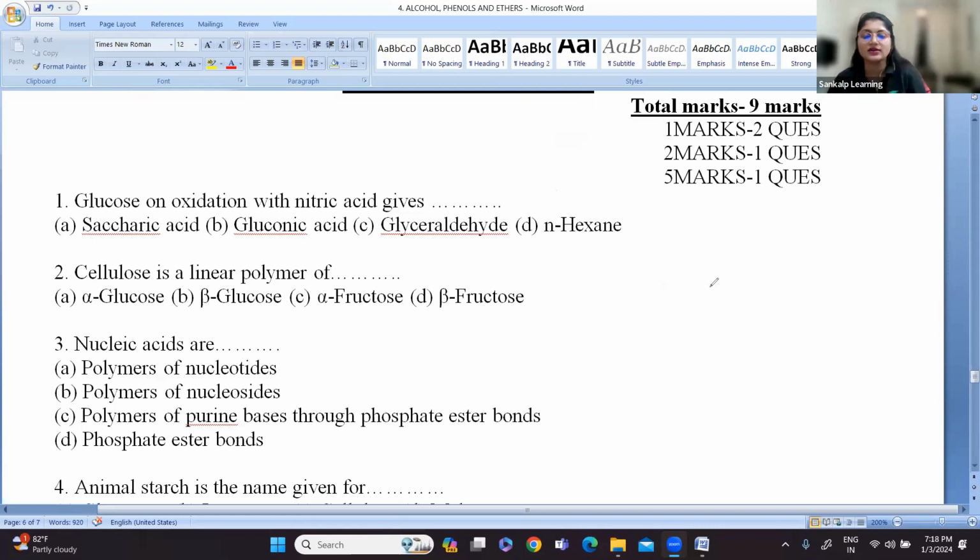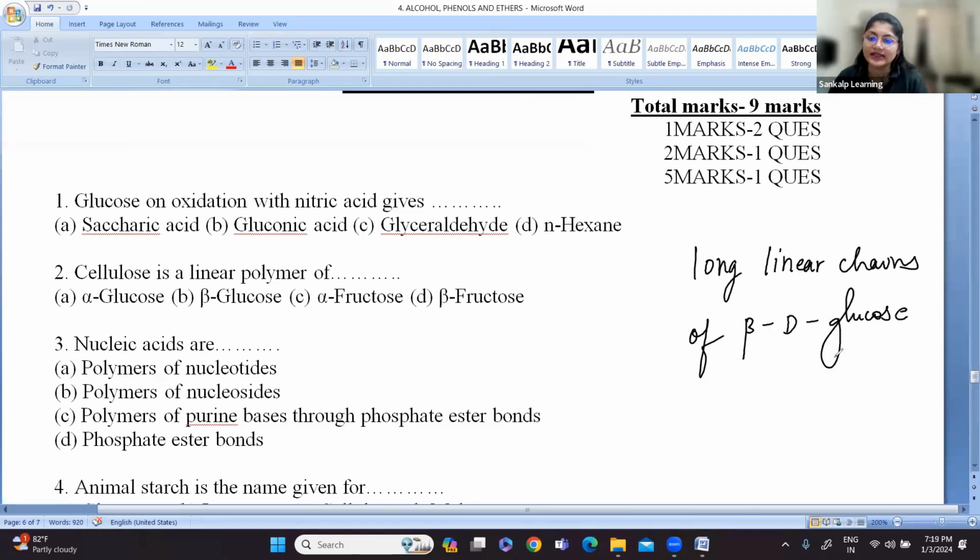So how is it formed? It is formed of long linear chains of beta D glucose units that are linked. So how is a beta D glucose unit? This is H, this is CH2OH, H, then here will be the oxygen. This will be OH, H. This will be H, OH.